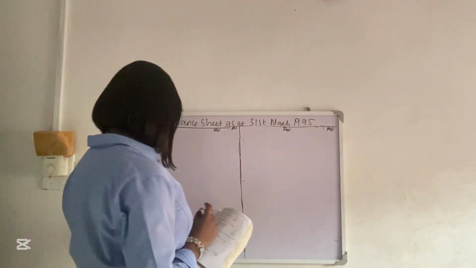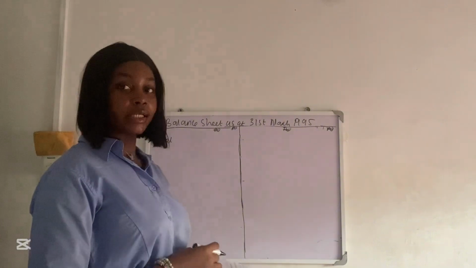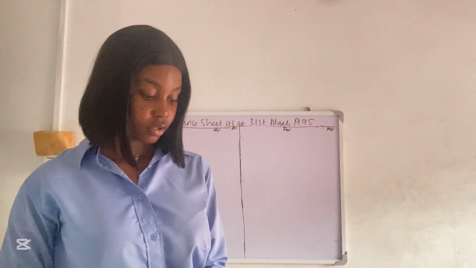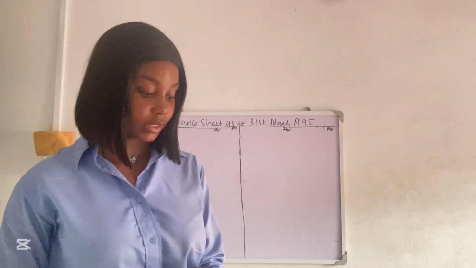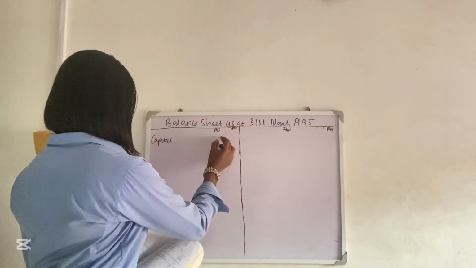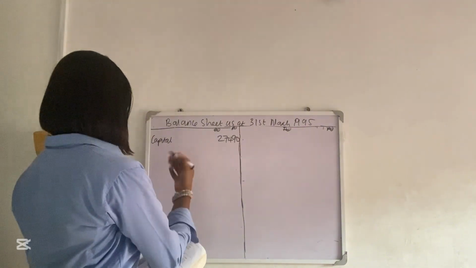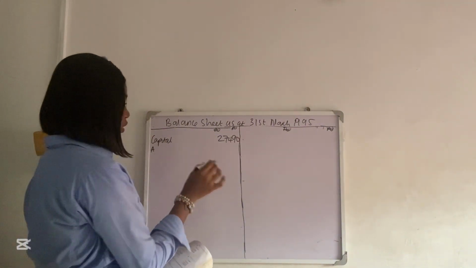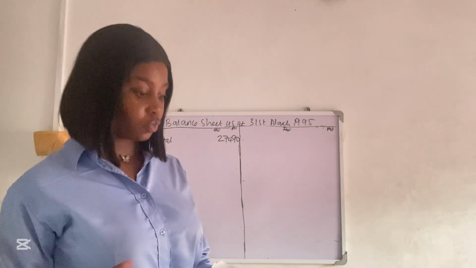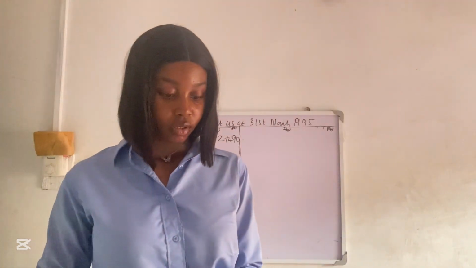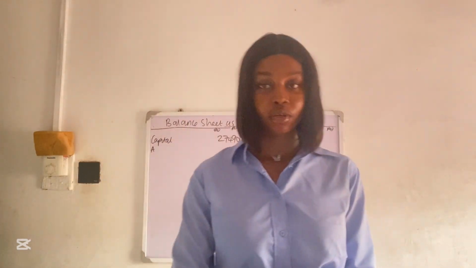So our capital previously, if you can rewind, but I still have the figure here on this book, was 27,490. Remember, add your net profits. What did we say our net profit was? 39,180. Well, before we move to the net profit, you add your additional capital.